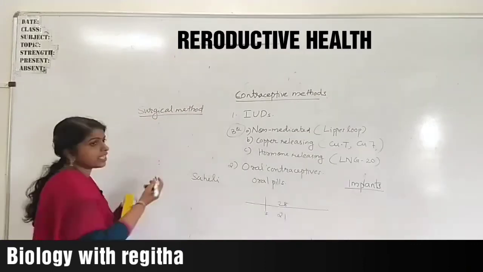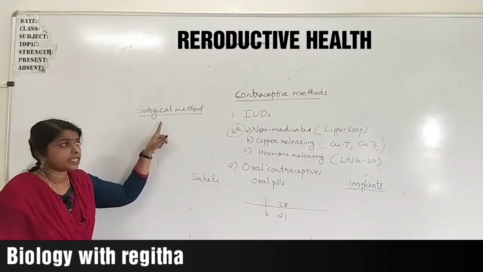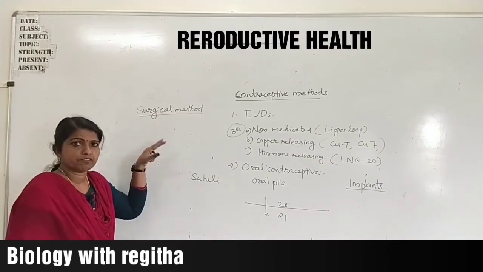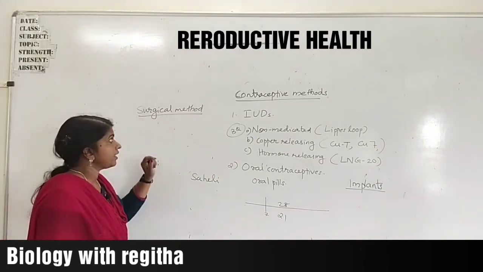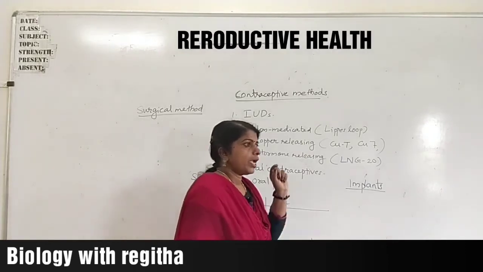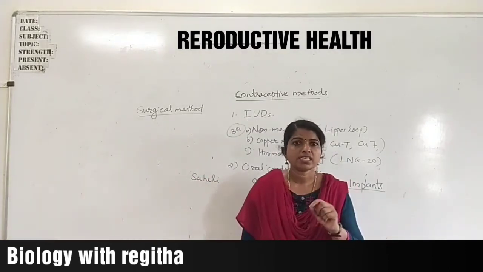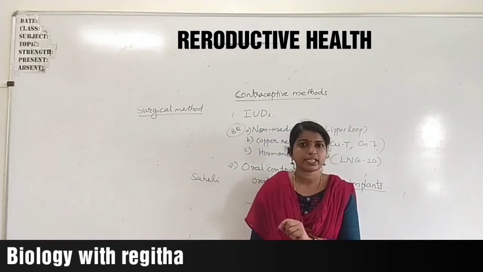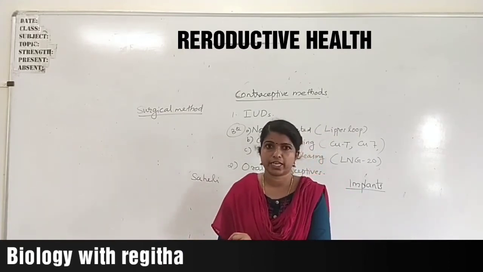And the last method is a permanent method, known as the surgical method or sterilization. It's a permanent, irreversible one. Okay, and here you know, in the case of male, vas deferens is there, and in female, oviduct or fallopian tube is there.